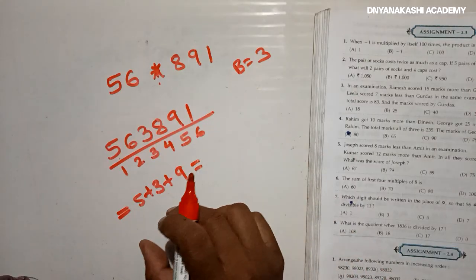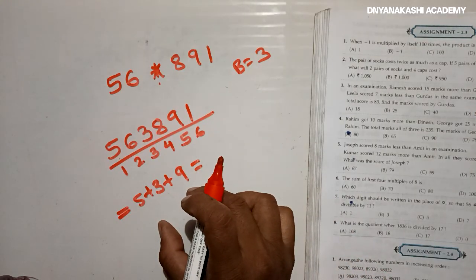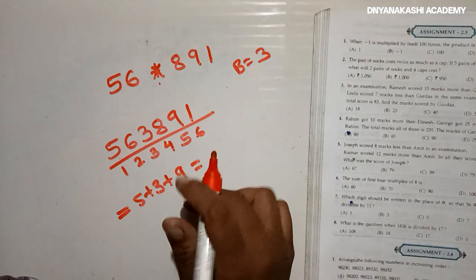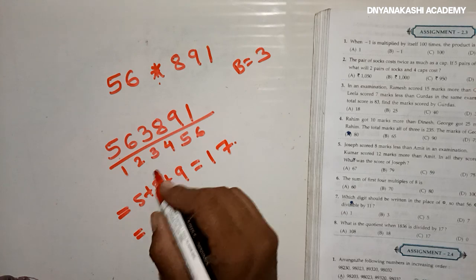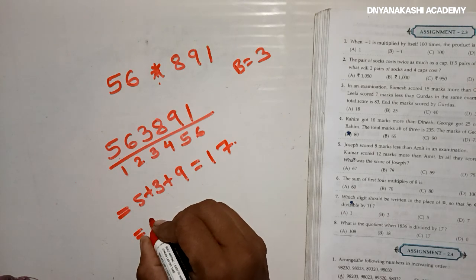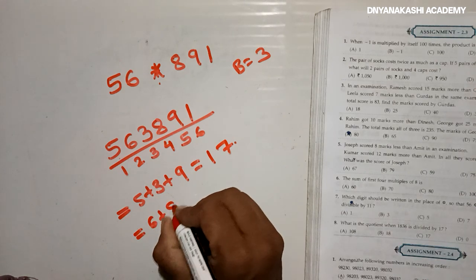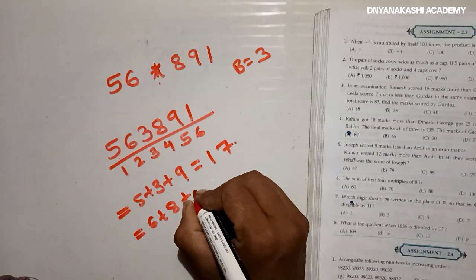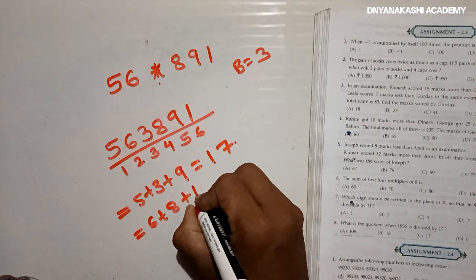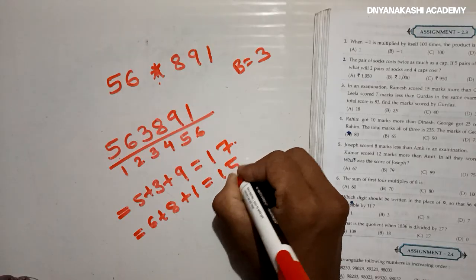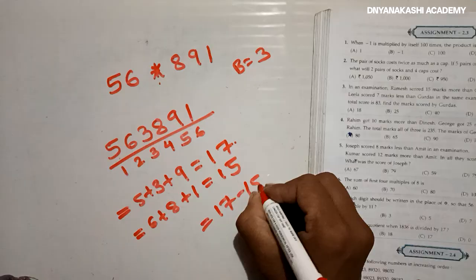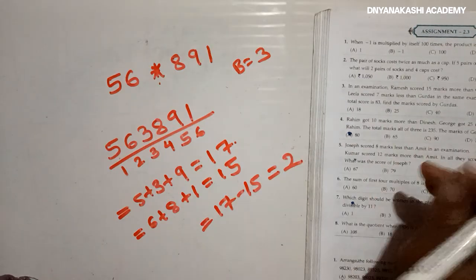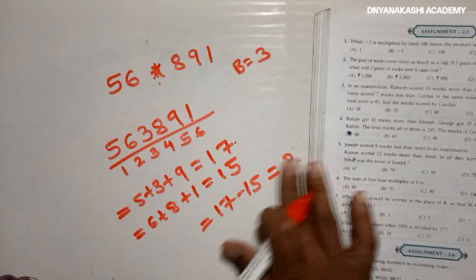What is the sum of these numbers? 17 here. Okay, 17. I do the addition of the even place numbers: 6 plus 8 plus 1. This is 15. 17 minus 15, we get answer 2. This is not correct here.